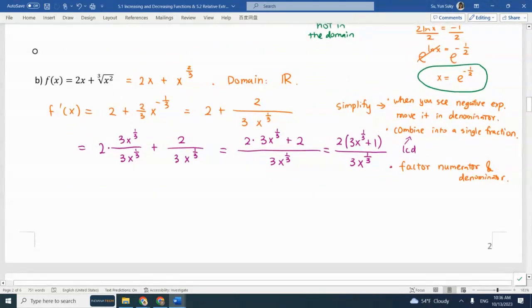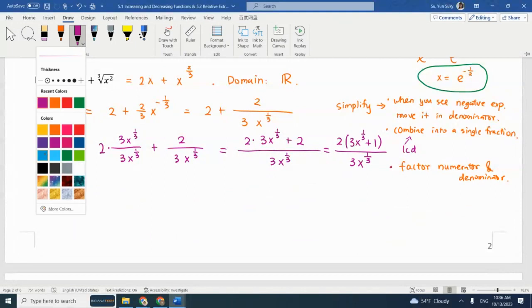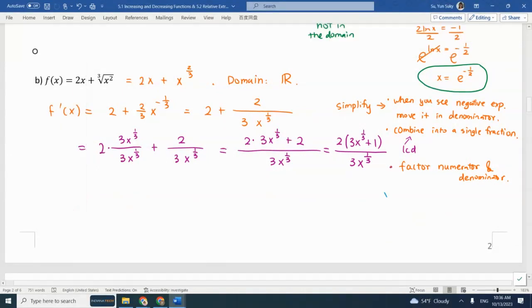Next, keep in mind if you want to find where the derivative is 0, you set the numerator equal to 0.